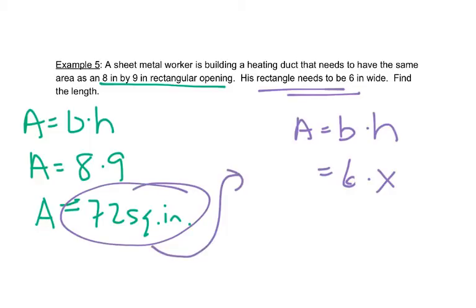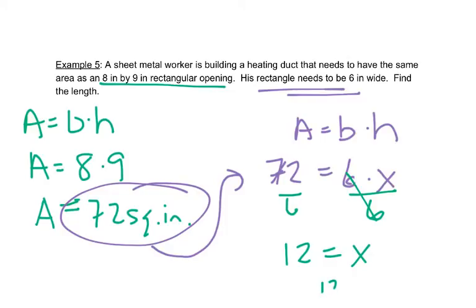So we can use that area in our equation over here. And then we'll divide both sides by 6. And we get x is 12. So it needs to be 12 inches for the length.